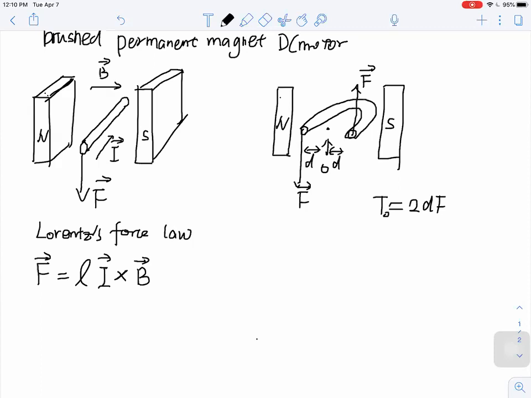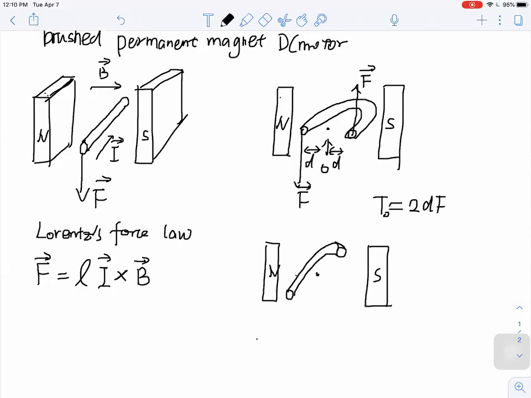And what happens if this metal loop rotates to a certain angle instead of lining up like this? Now let's look at another case. If we have an angle, so now our loop becomes something like this. Okay, so now it's at this angle.